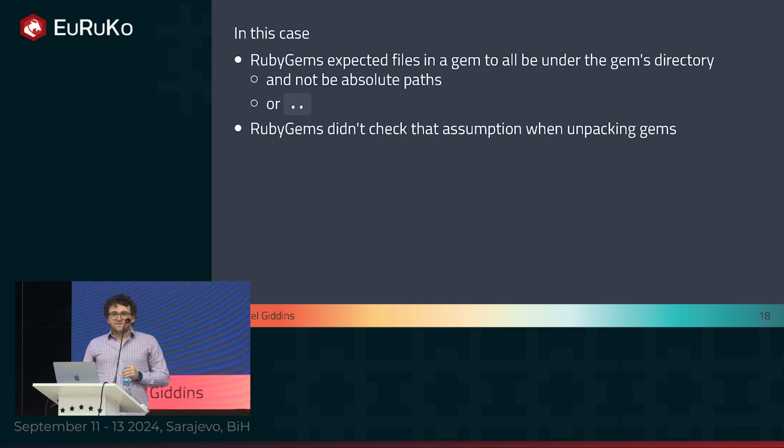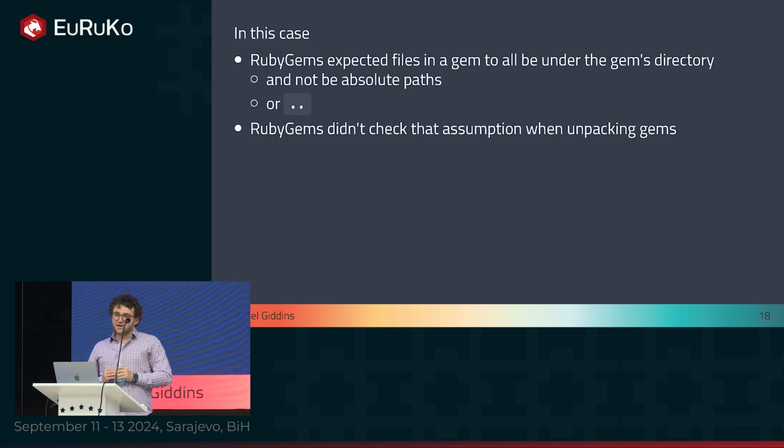But that means that files in the tarball, gems are actually just gzip tarballs inside gzip tarballs. It's real fun. But RubyGems expected that all the entries in that tarball would, say, not be absolute paths, or not have .. in them to ascend the directory structure. And it didn't check that assumption when it was unpacking gems.